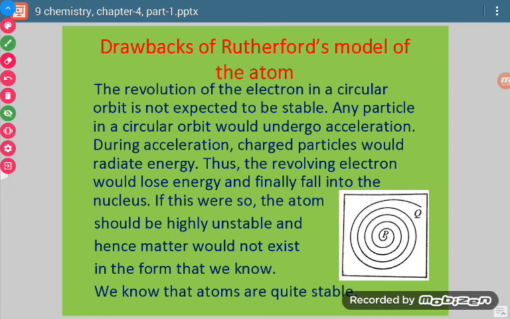So this was the drawback of Rutherford's model of an atom. Whatever he said, on the basis of that it was not possible for the atom to exist. So there was some correction needed in what he said. Because of this mistake, Rutherford's model of an atom was discarded.